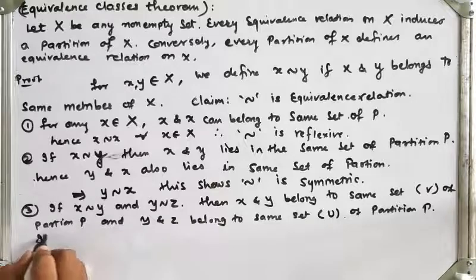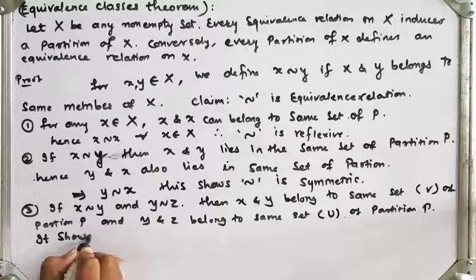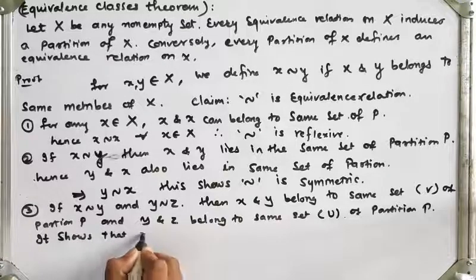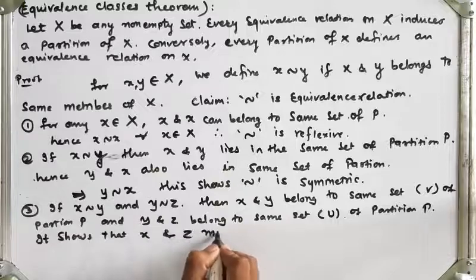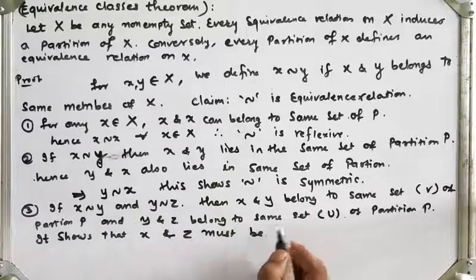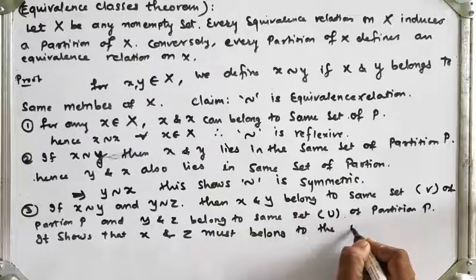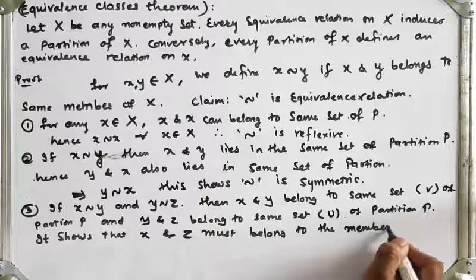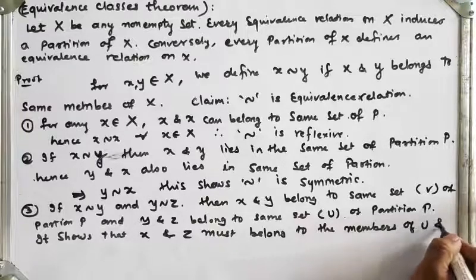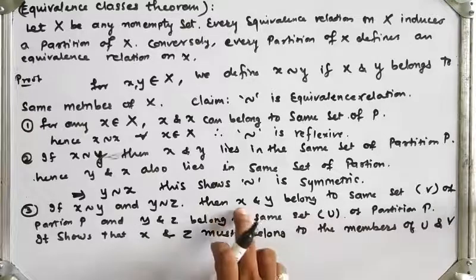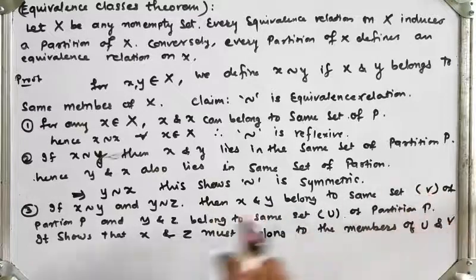It shows that x and z must belong to the members of U and V, because x belongs to set V, and y and z belong to set U, right?